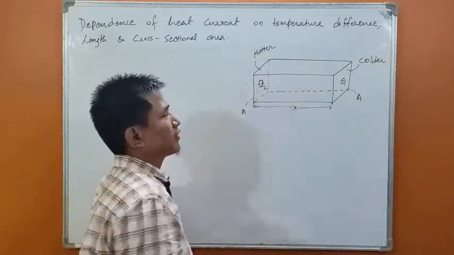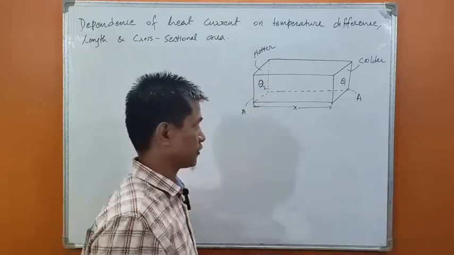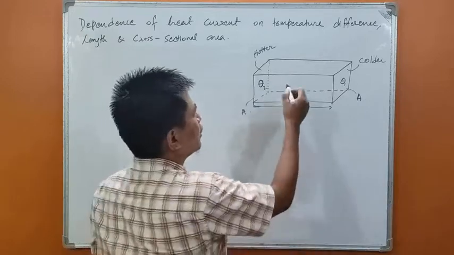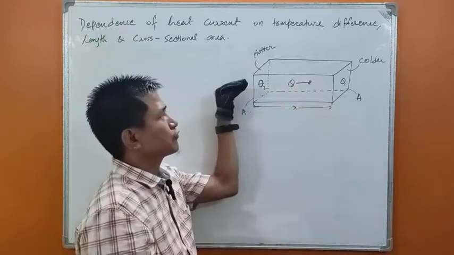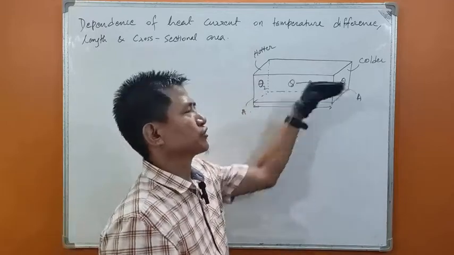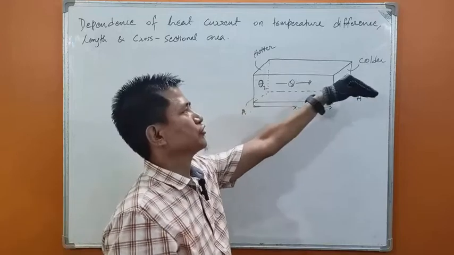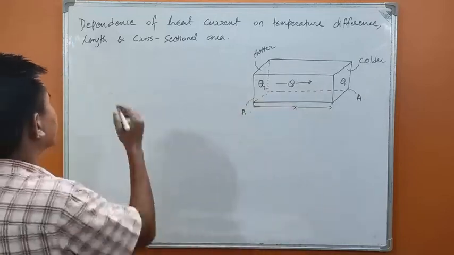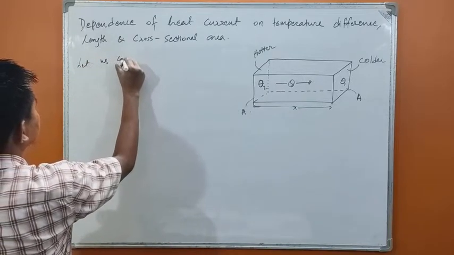Since you know that heat energy flows from the hotter surface to the colder surface, let us say Q is the amount of energy flowing from the hotter surface to the colder surface.